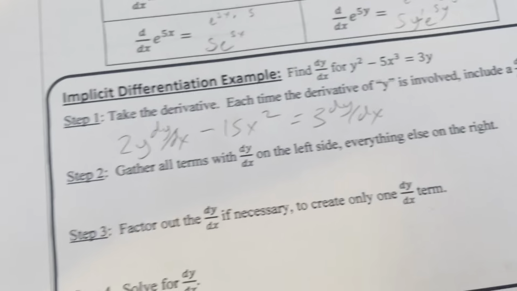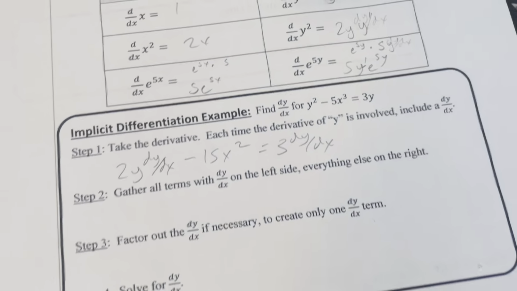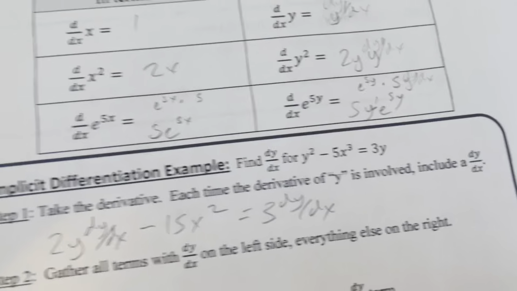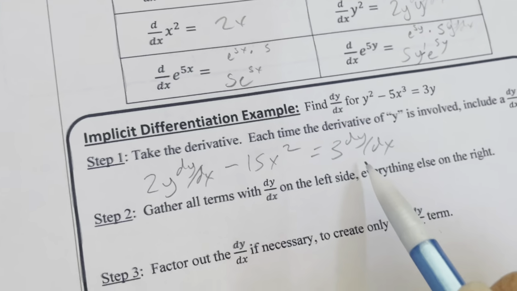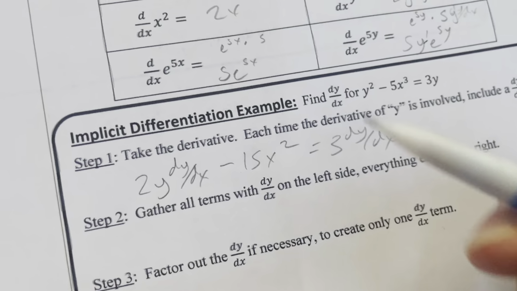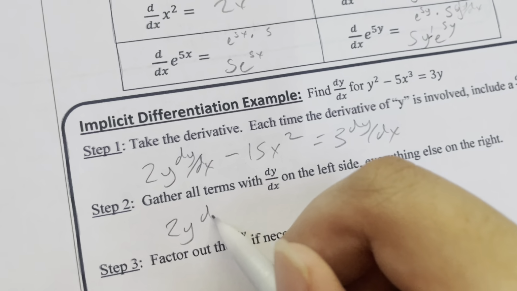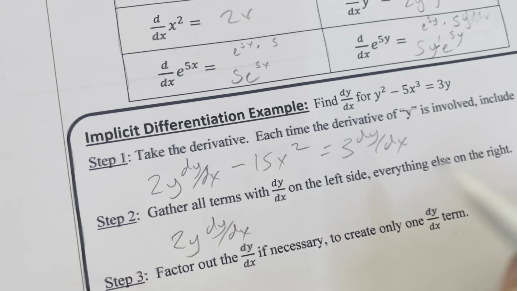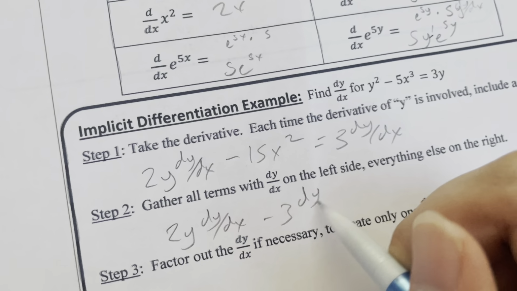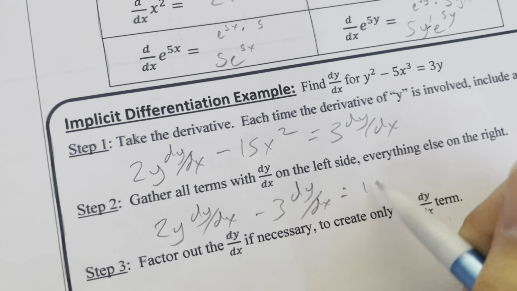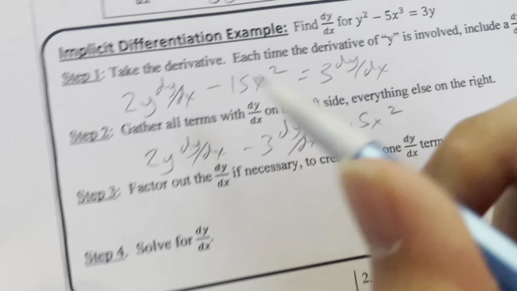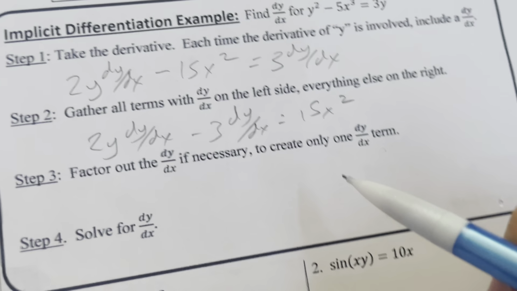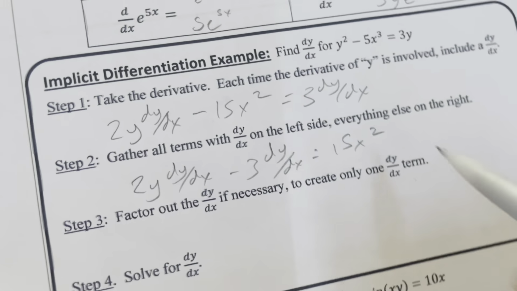Step 2, gather all terms with dy dx on the left side, everything else on the right. So we bring this to the left and this to the right, and it'll be 2y dy dx minus 3 dy dx equals 15x squared. Factor out the dy dx if necessary to create only one dy dx term.